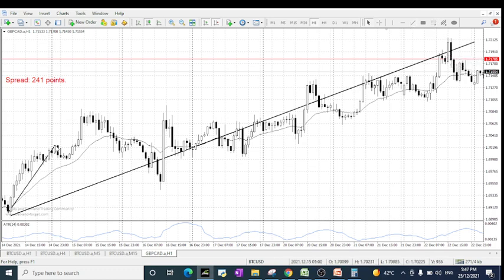Pushed up, we paused, pushed up again, retraced all the way here, push up, came down, and that's how this is.